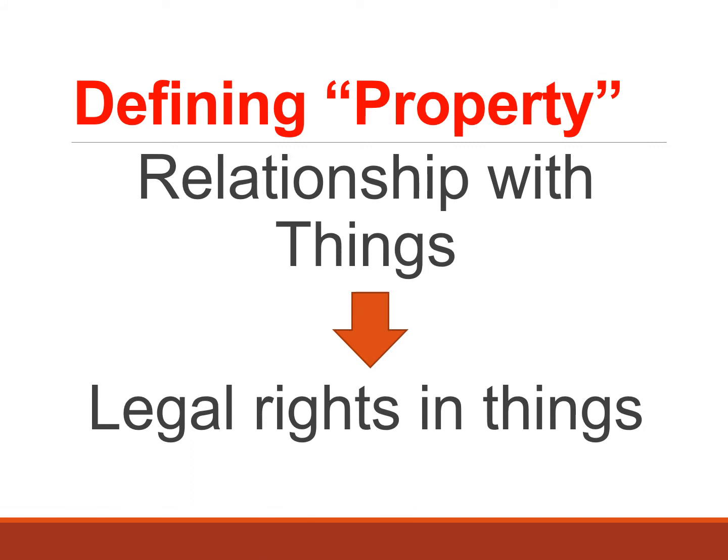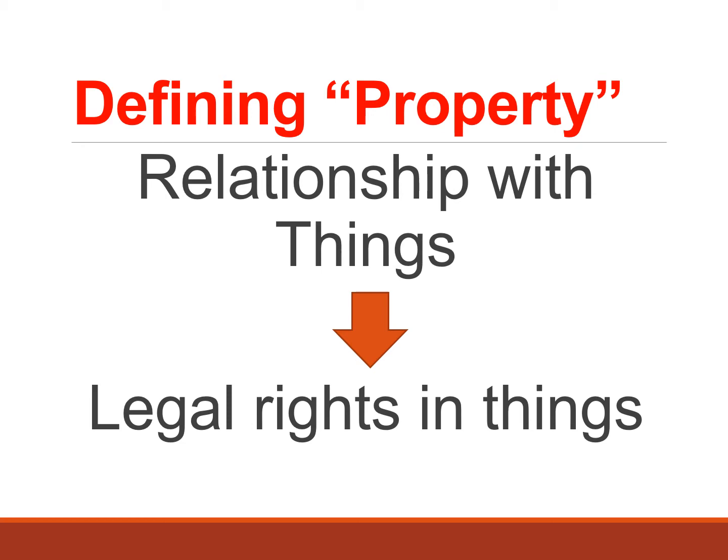So you can compare that relationship to relationships between humans. You have different types of relationships. You have relationships between siblings, relationships between parents and child, relationships between boyfriends and girlfriends, relationships between husbands and wives. So humans can have different relationships with one another.